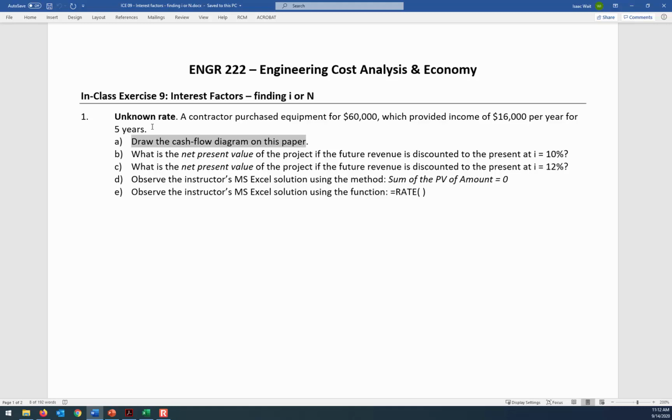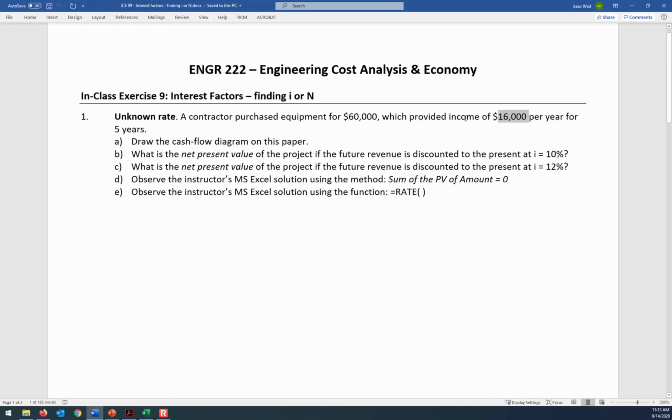Each year is 16,000. So draw that sketch on paper, and then I ask you to use the table lookup method for part B and part C. So find the present value if the 16,000 per year is discounted at 10%, and then what's the net present value? So both of these, it's the net present value.